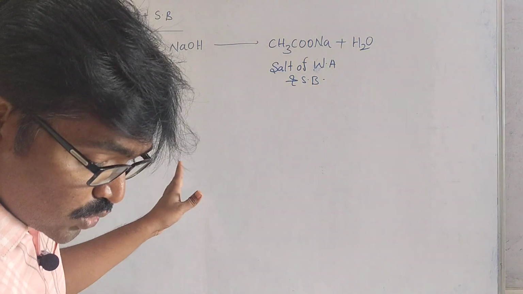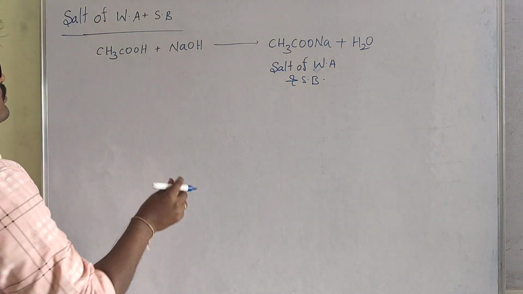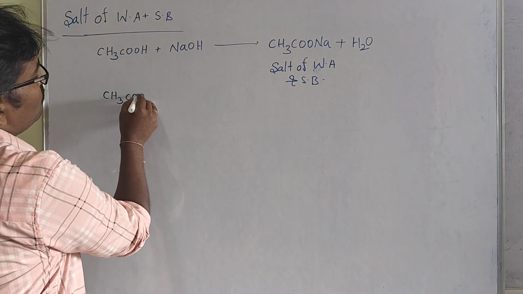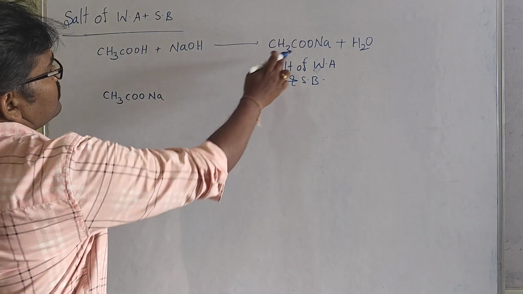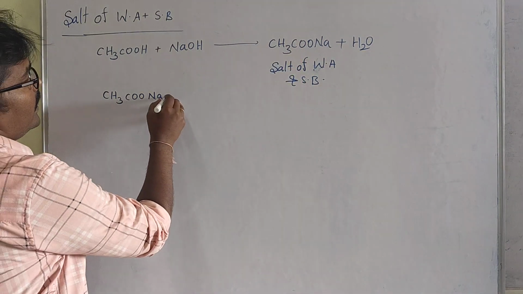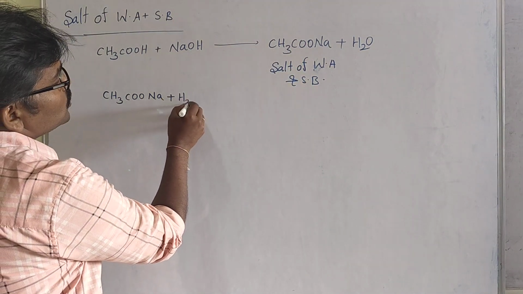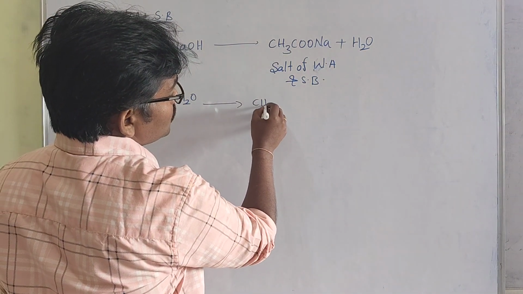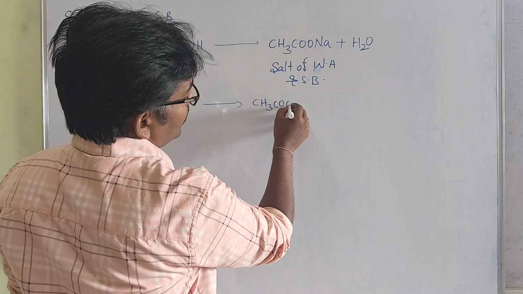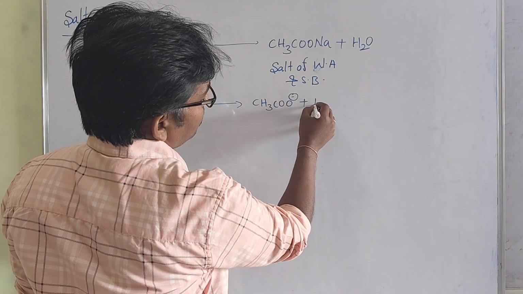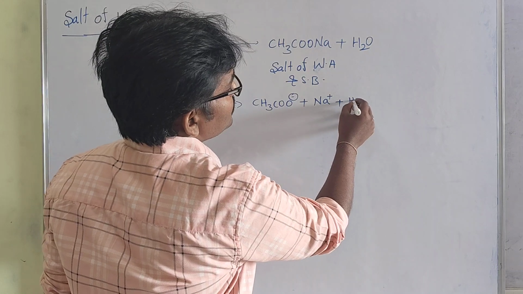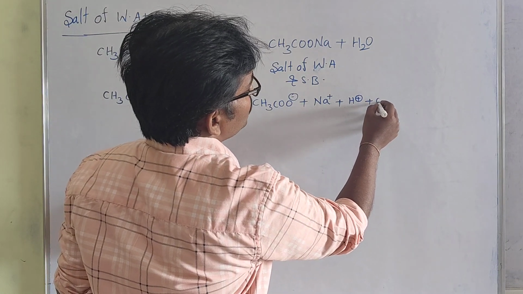When they undergo hydrolysis, what happens? That's what we are discussing. CH3COONa, yes, very good. When it is added to water, H2O, it will dissociate into its ions: CH3COO minus, Na plus, H plus and OH minus.